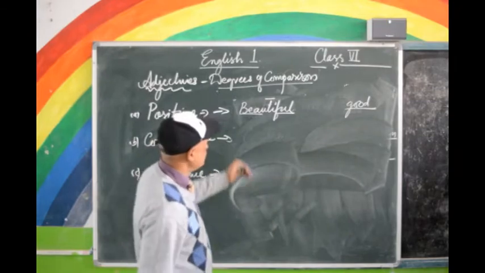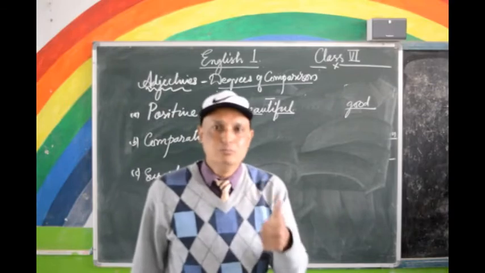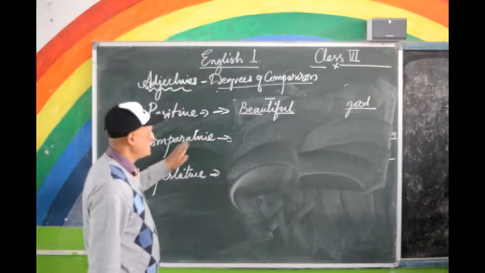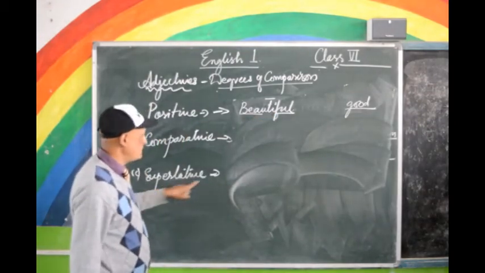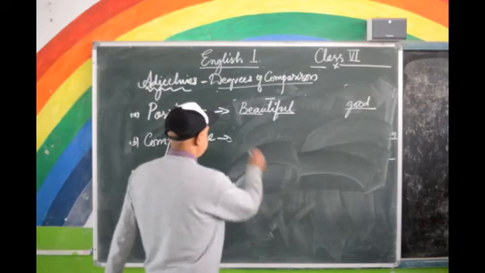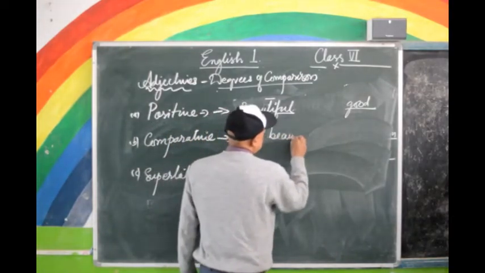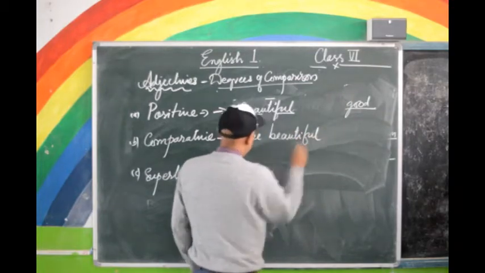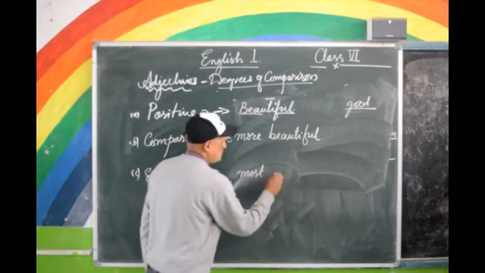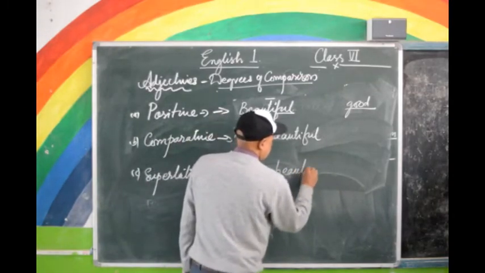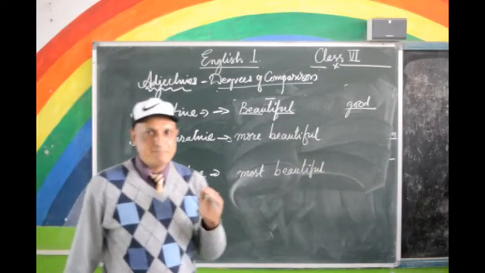So for adjectives like beautiful, we make use of more in the comparative degree. The word remains the same, and in the superlative degree we add most. For example, beautiful will have more beautiful, and in the superlative degree we use most. Let's take an example.